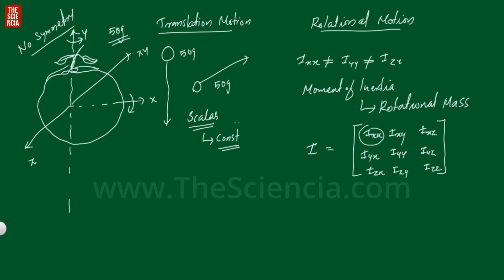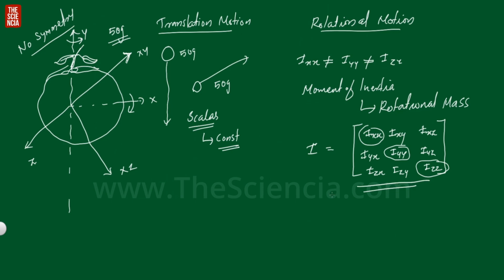Ixx is about the x-axis, Iyy is about the y-axis, and Izz is the moment of inertia about the z-axis, and Ixy is this one, and this is Ixz.